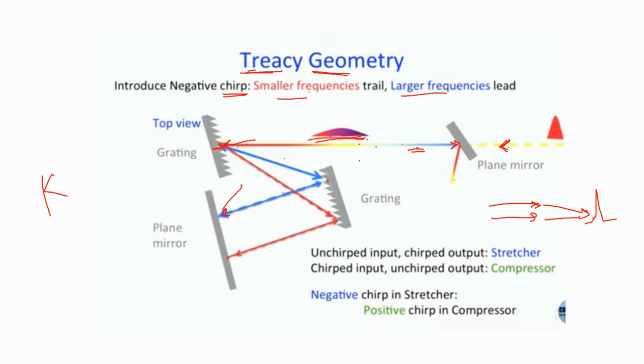Now, what is the principle of this Treacy geometry? Why are we doing all these things? Basically, if you have a pulse laser, you pass it through a stretcher, say this arrangement, and you get a beam like this. Then you pass it through an amplifier, and by passing through the amplifier, this beam increases in intensity.